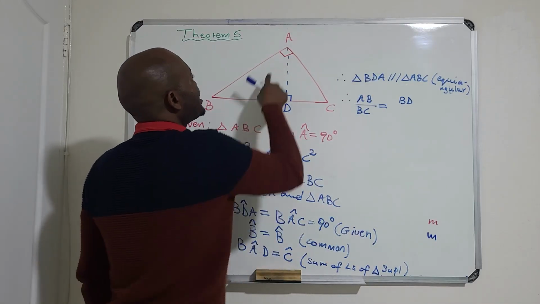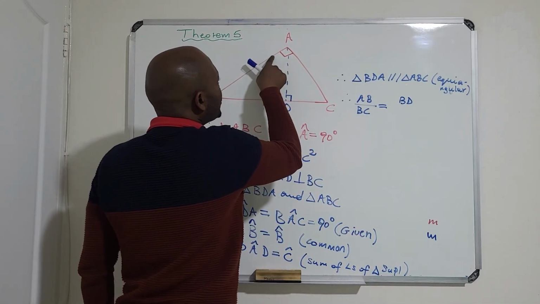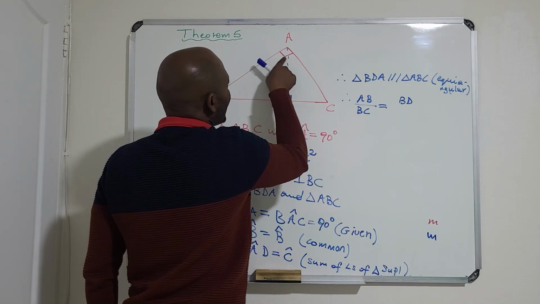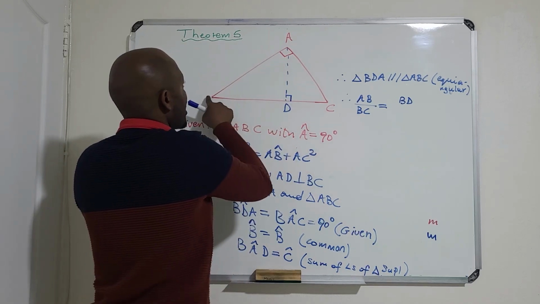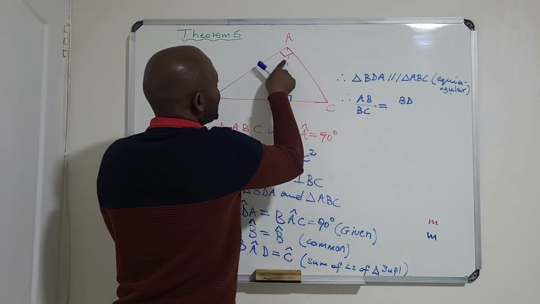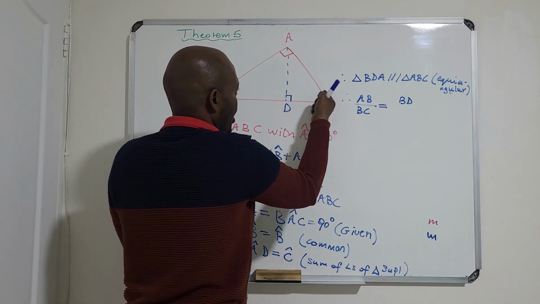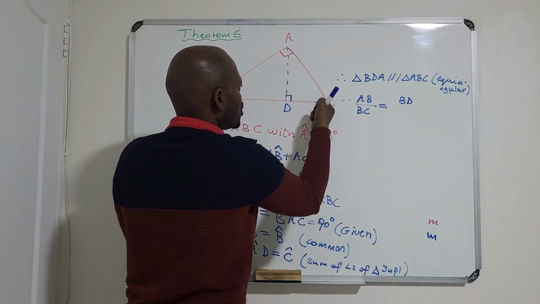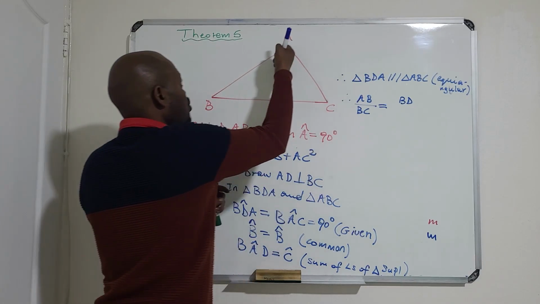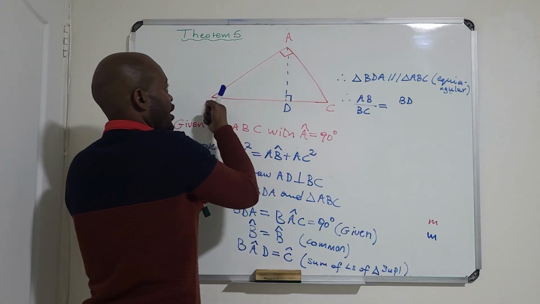But obviously for this angle in this triangle, we need to look at the side which is opposite the equal angle in this triangle. We've said that this angle is equal to that one there. So this angle is opposite this side there.